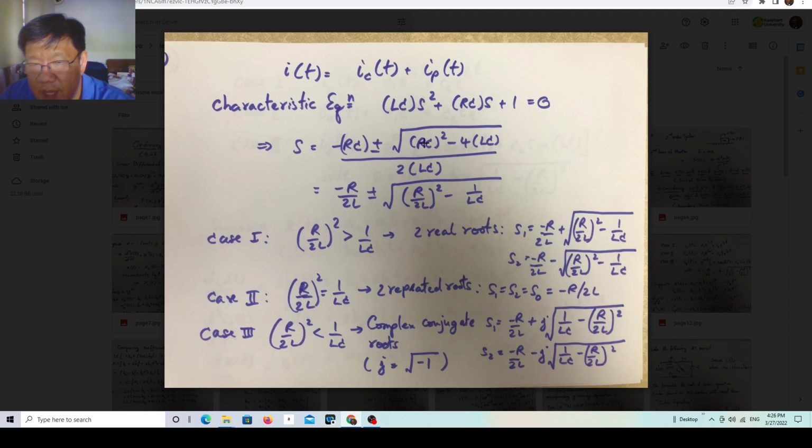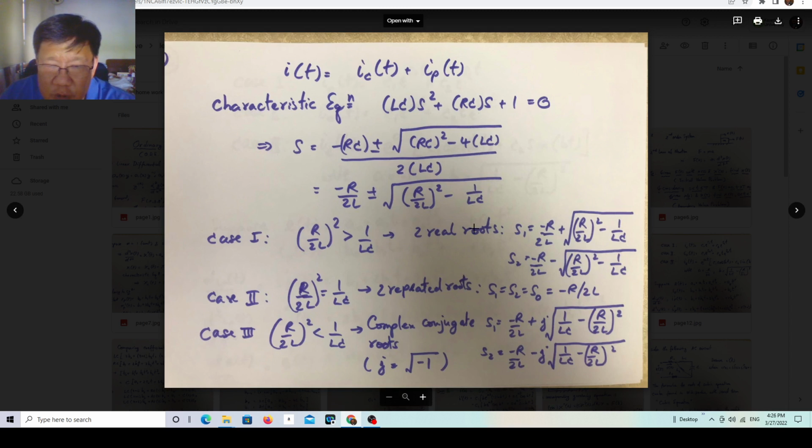So the remaining is R squared divided by 4 times L squared. You can put this term together with 4LC here; when you put it in there, the 4s cancel each other, and LC over L squared C squared becomes 1 over L times C.